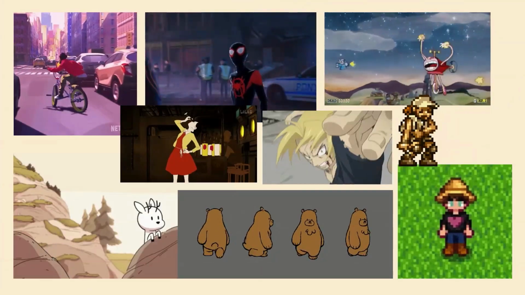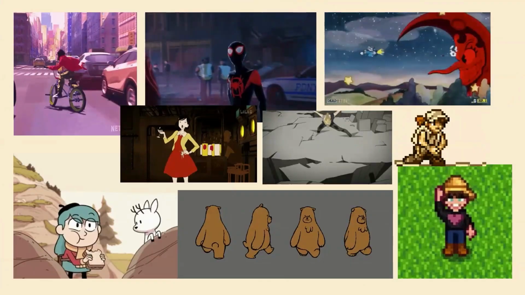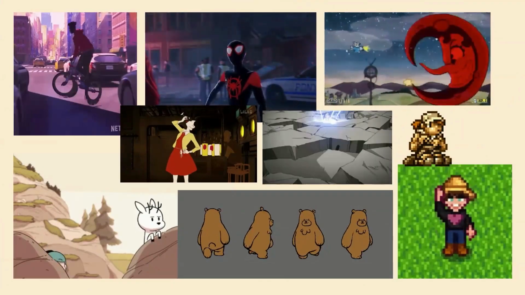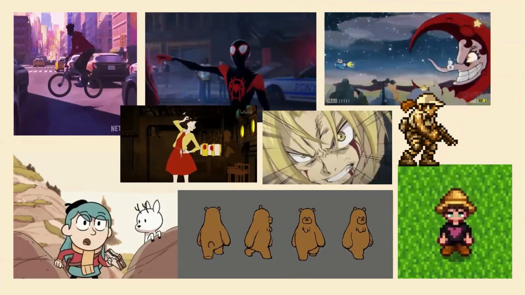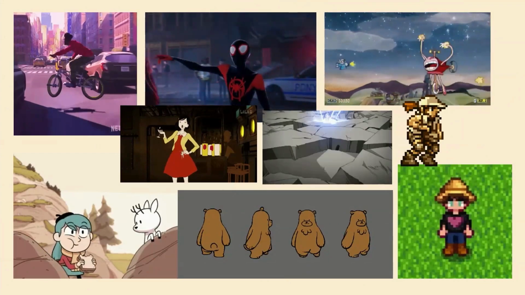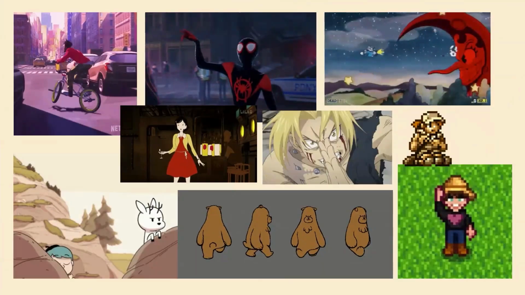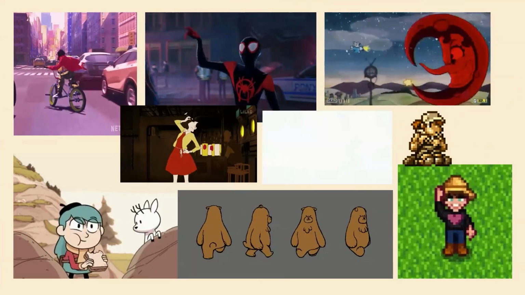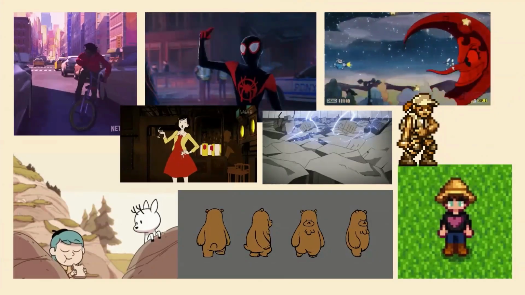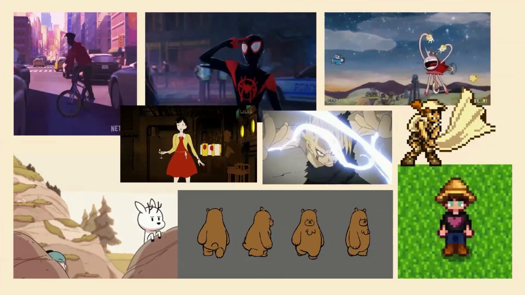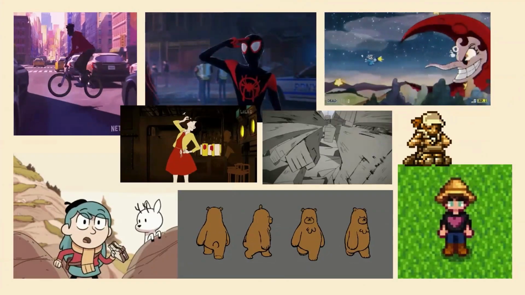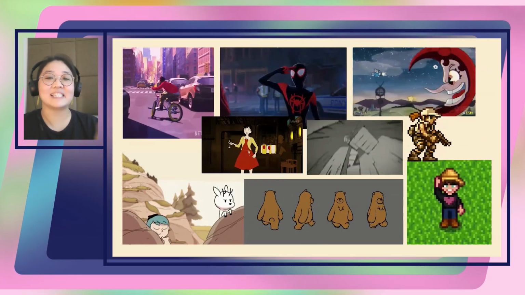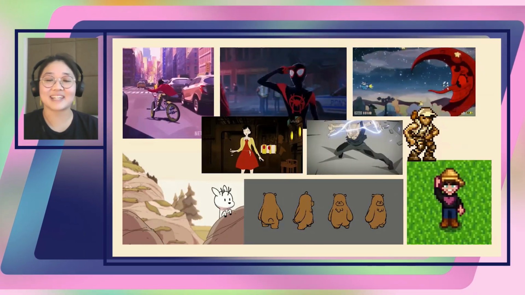So Miles Morales is animated at a lower frame rate compared to Peter Parker, and it is actually for narrative reasons, which I think is amazing, that there is a context to a lower frame rate. So to show that Miles doesn't quite fit into his persona of being a Spider-Man just yet, he's animated at a lower frame rate. His animations are a little more awkward and a bit clunky compared to Peter Parker, who has very fluid and quick motions. So I thought it was amazing that there is a wonderful context to that.